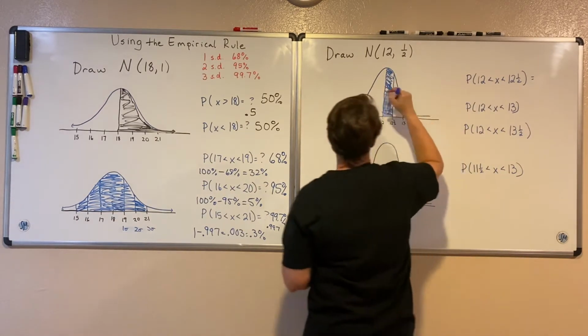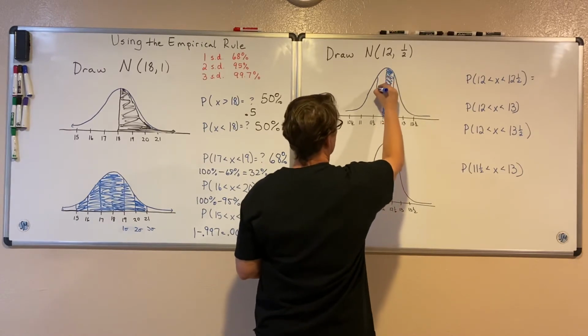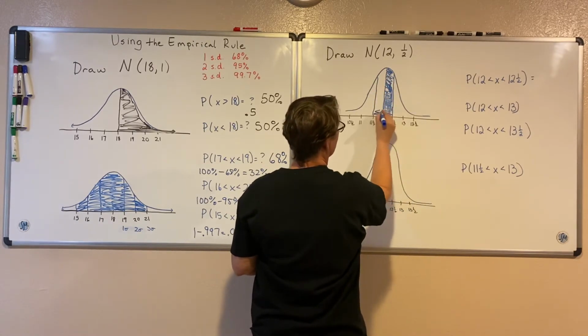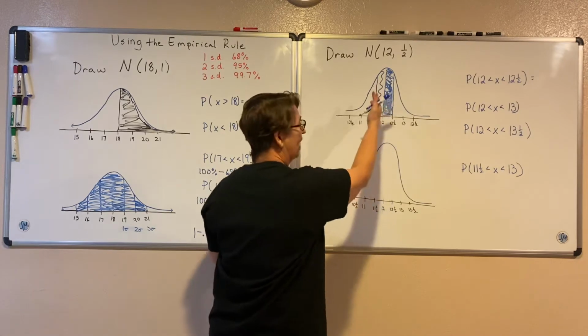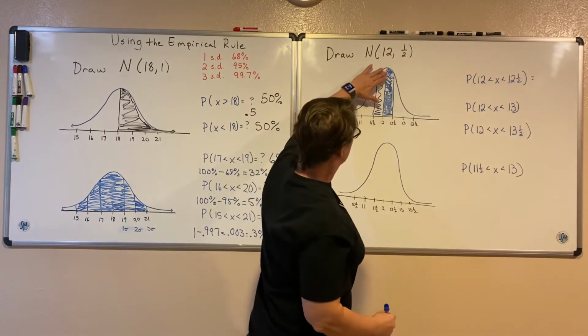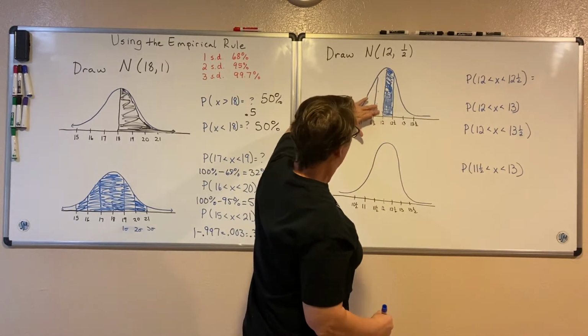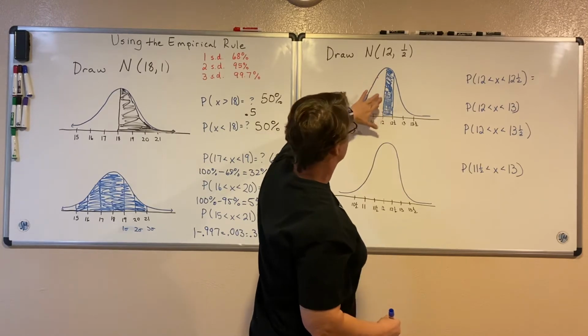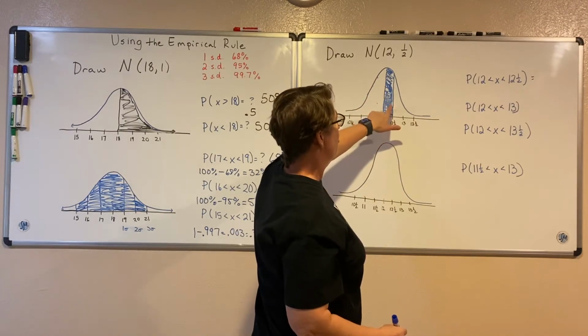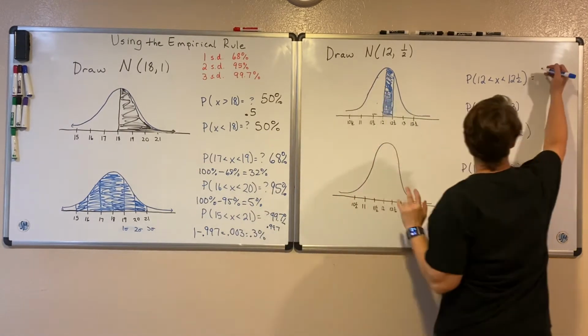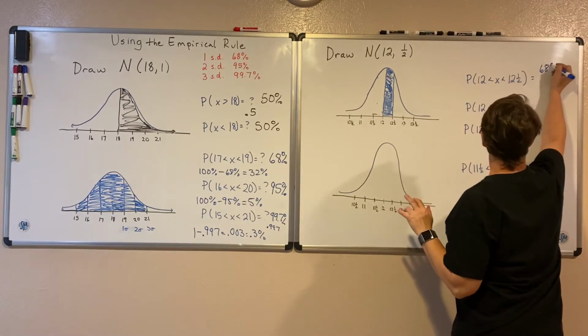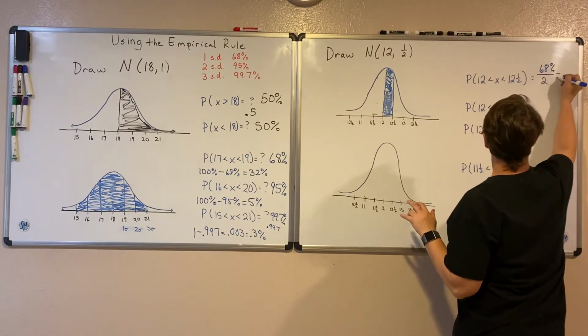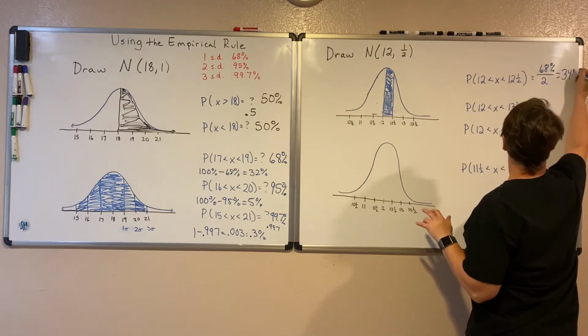Here, this would make up the 68%. But I'm taking that and I'm chopping it in half. So half of that 68% leaves me with 34%. So here I'm going out 1 standard deviation and splitting it in half to get the 34%.